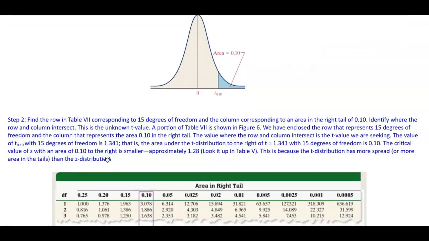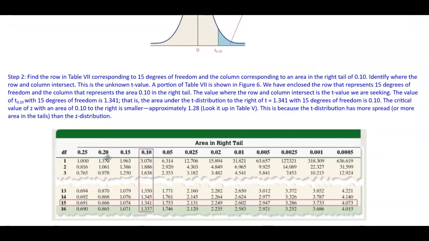Now, in order to find the value, it says to find the row in Table 7 corresponding to 15 degrees of freedom. So, if we take a look, there is the row that represents 15 degrees of freedom. That is the first thing that we do.